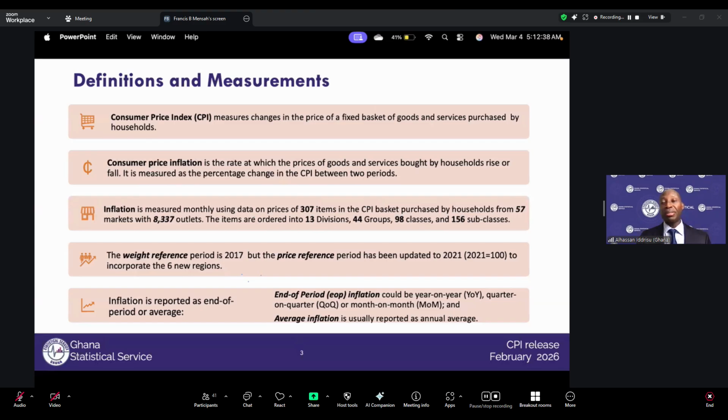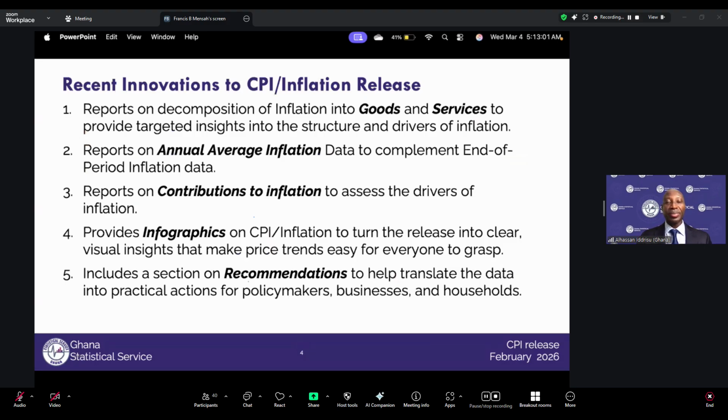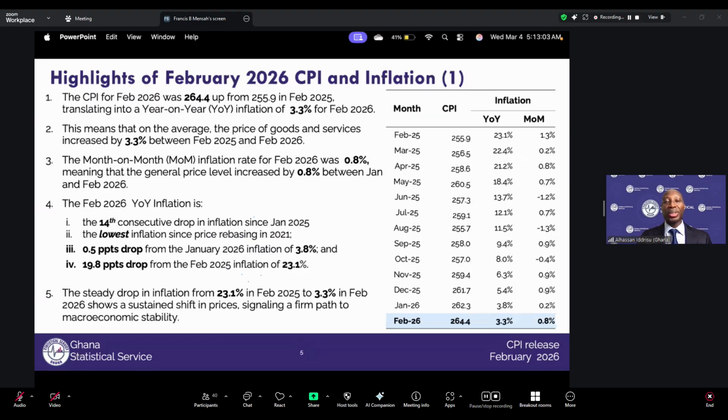For example, prices in February 2026 compared to prices in January 2026. So what we should really know is that whilst year-on-year inflation shows long-term trends, month-on-month inflation shows short-term momentum. But we need to know that both are very important for inflation insights. Now let's jump straight into the numbers.